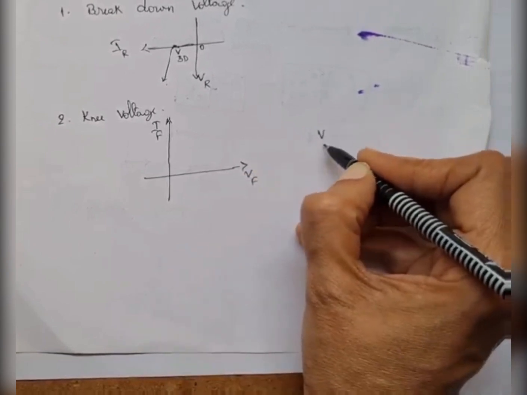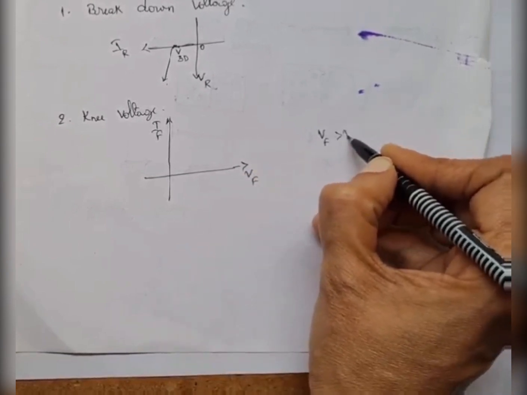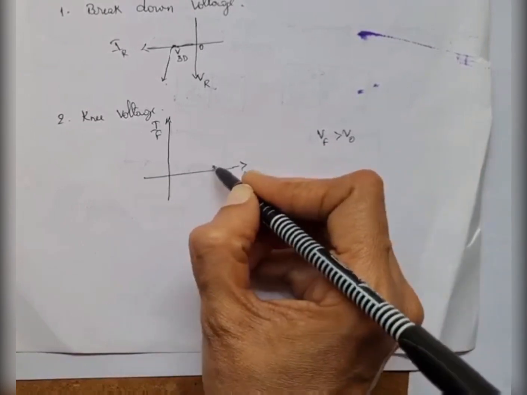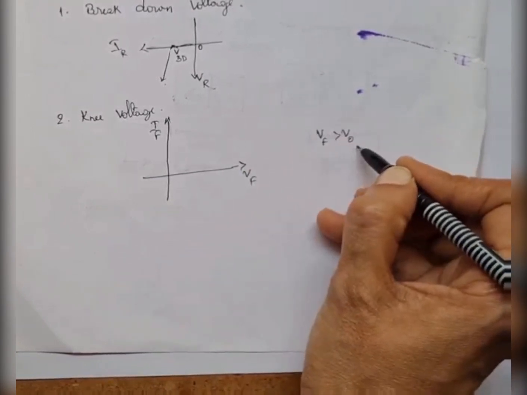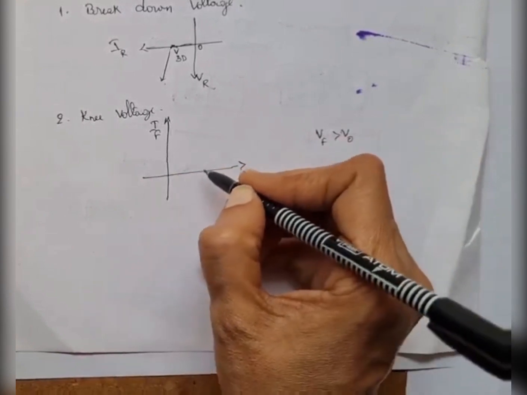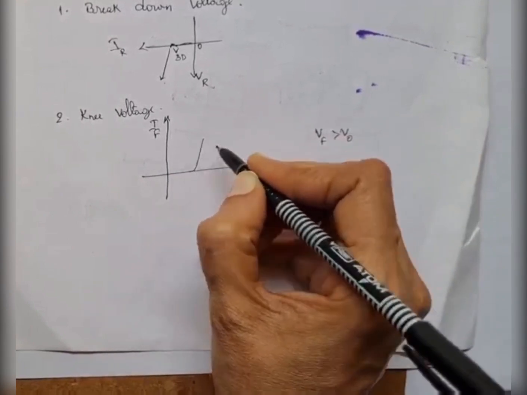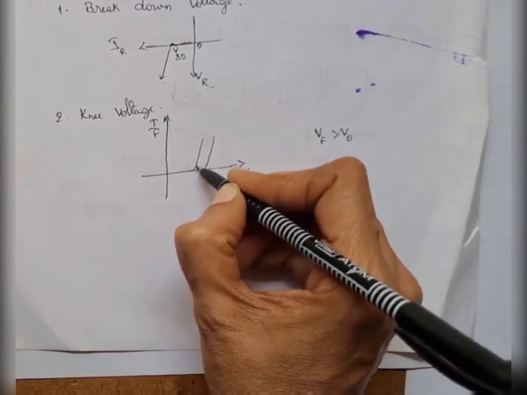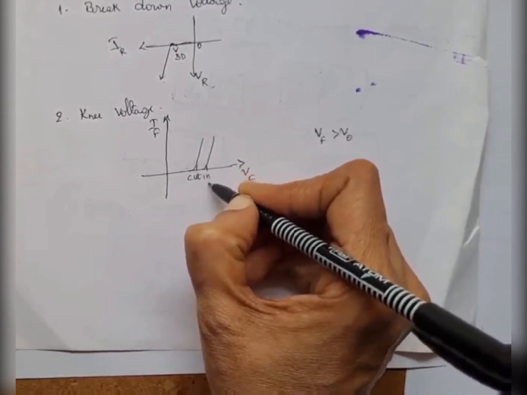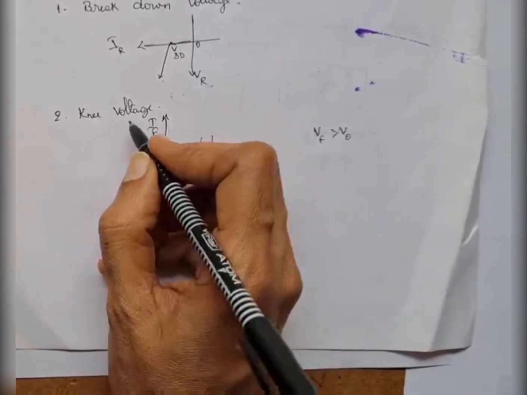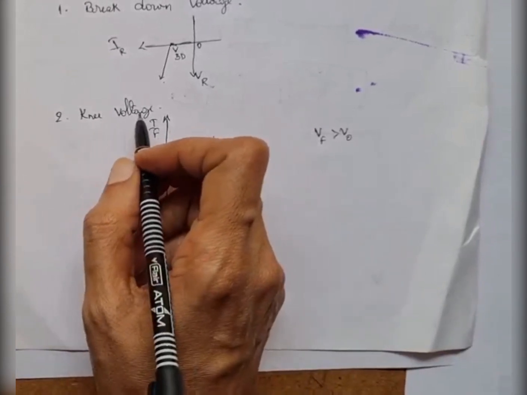That's the condition we remember now: Vf is greater than V0. Up to here the current is approximately 0, and then when the condition occurs, this is called cut-in voltage. I said last time, this cut-in voltage is called knee voltage.